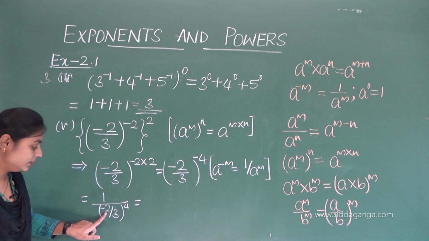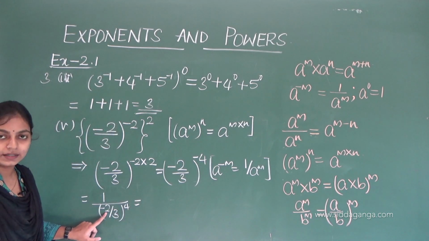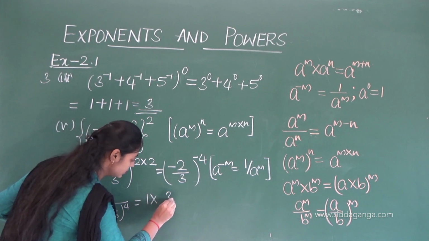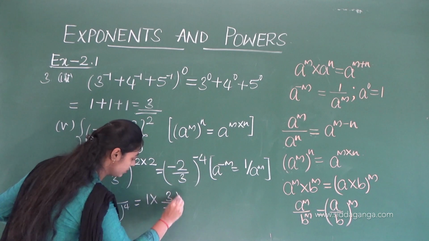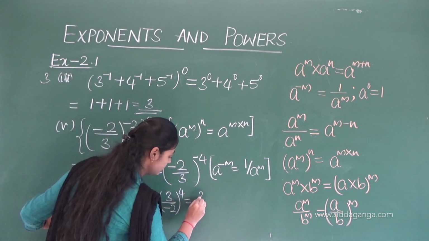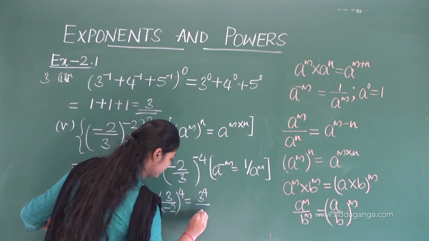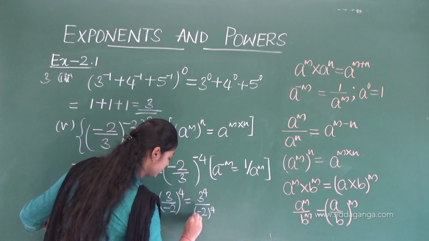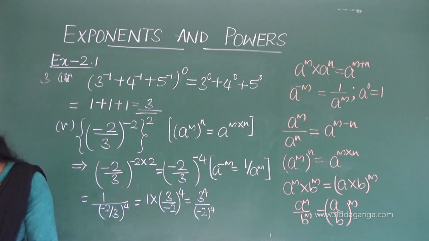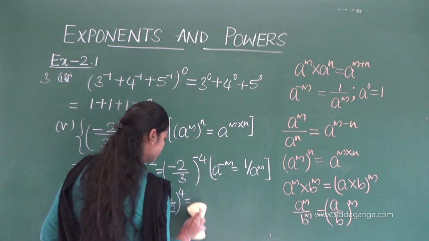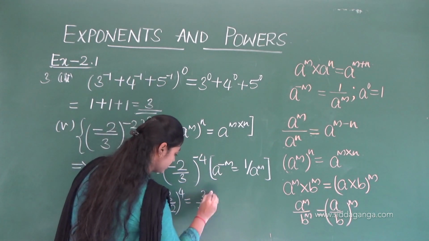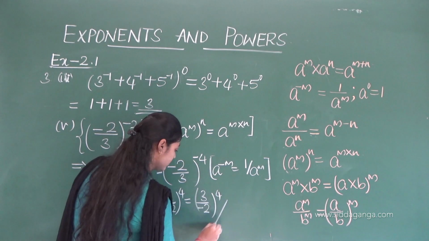Again, what was in the denominator becomes a reciprocal when it comes to the numerator. That is 1 into 3 divided by -2 whole to the power of 4, that is equal to 3 to the power of 4 divided by -2 whole to the power of 4, or else 3 by -2 whole to the power of 4.